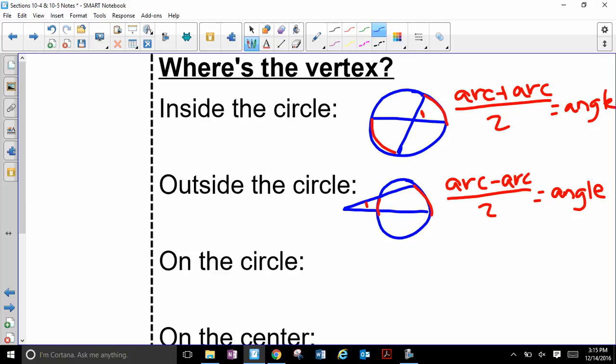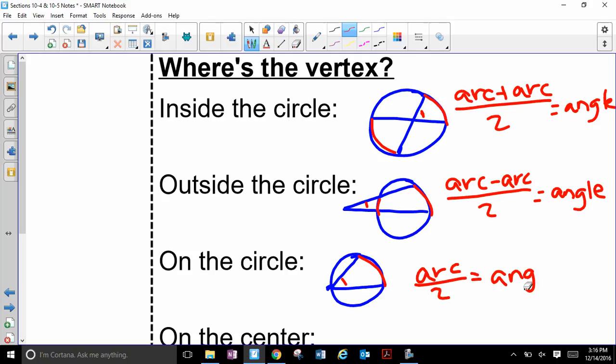If the vertex is on the circle, so there's my vertex, it's on the circle right there, then if I was finding this angle 1 here, you only need 1 arc because there's only 1 intercepted arc. So that would be arc divided by 2 to find the angle.